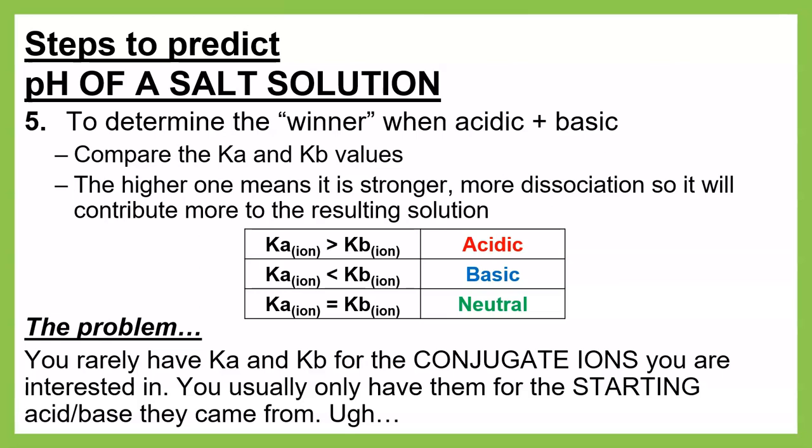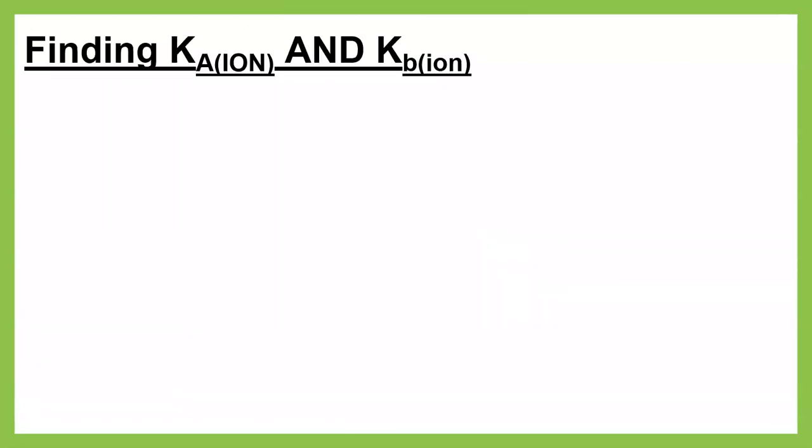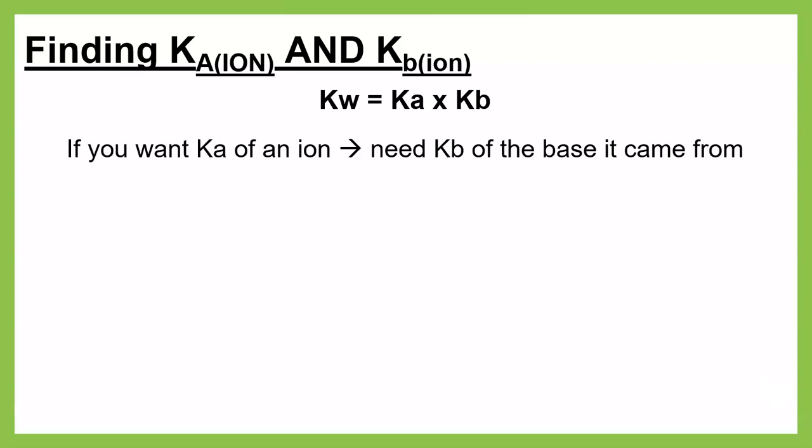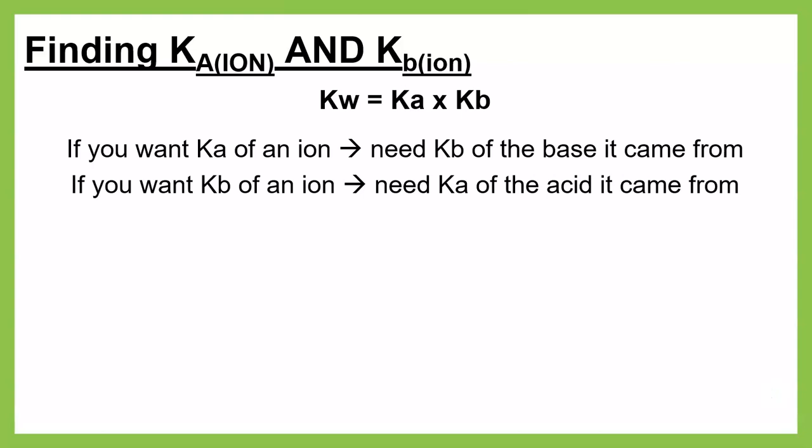That's where this is going to come in. So if you want Ka of an ion, you're going to have to look for the base that it came from. If you want Kb of your ion, you're going to have to look for the Ka that it came from. And now our brains are just completely scrambled, aren't they?